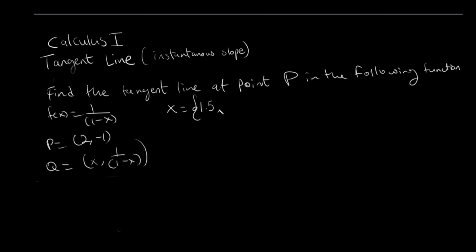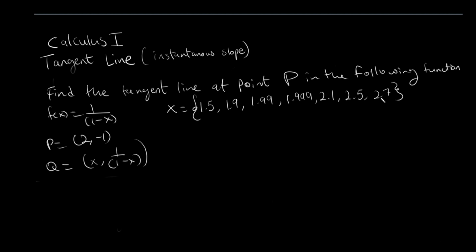So let's take x that are approaching 2 for point P, right? So 1.5, 1.9, 1.999, 1.9999, 2.1, 2.5, and let's take another one, 2.7.